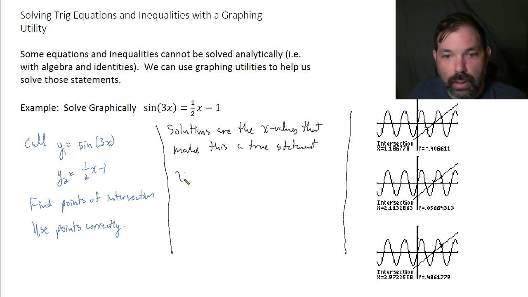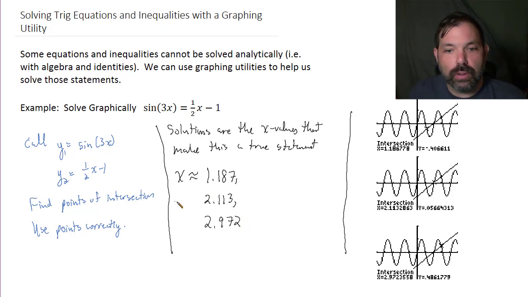So, x is approximately, let's approximate to 3 decimal points, x is approximately 1.187, 2.113, and 2.972. Those are the 3 solutions that I can find graphically.